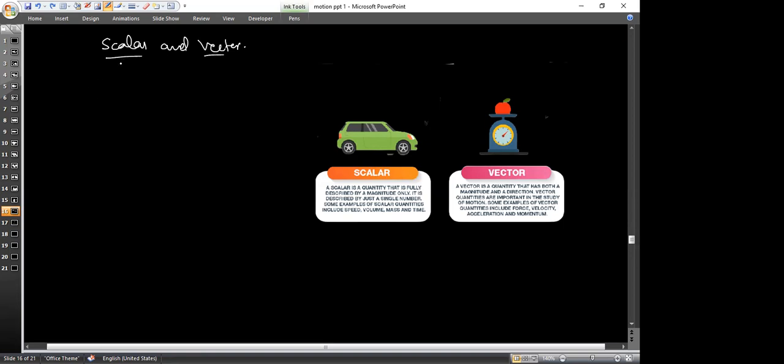There are scalar quantity and vector quantity. What is a scalar quantity? Those physical quantities that have only magnitude. Only magnitude. And what is a vector quantity?